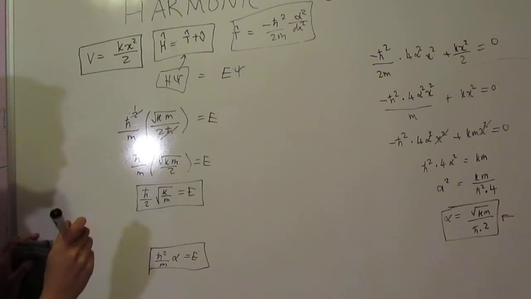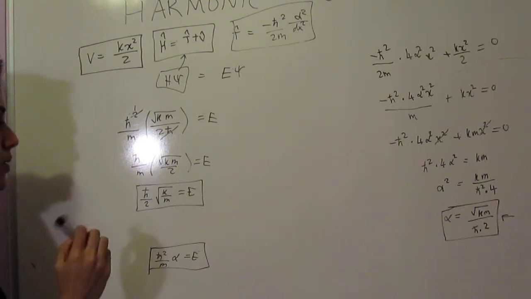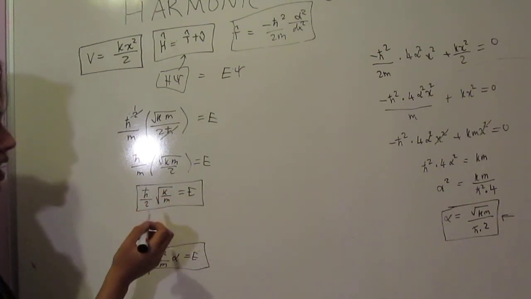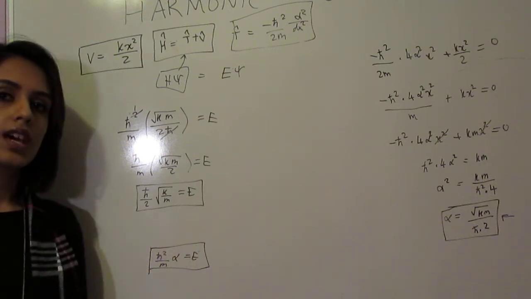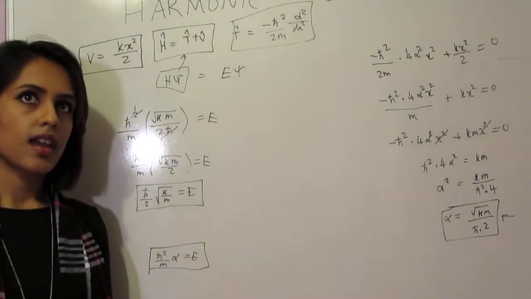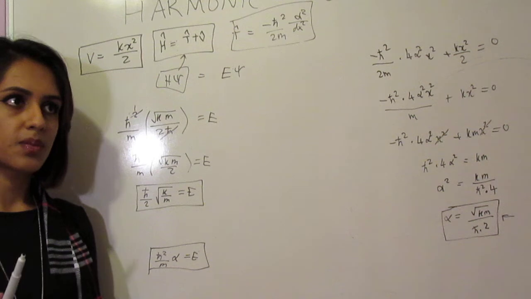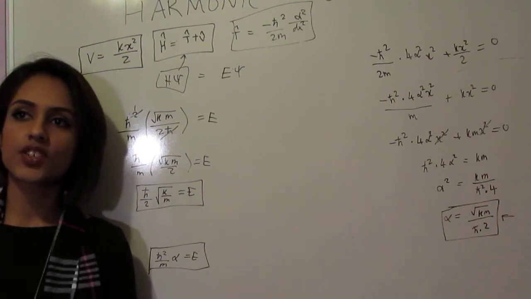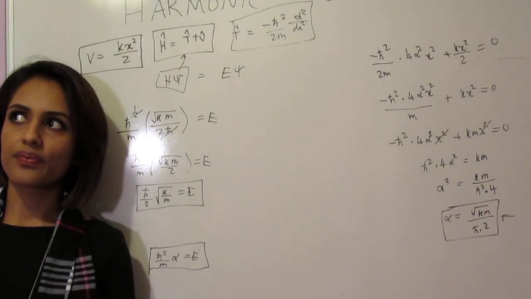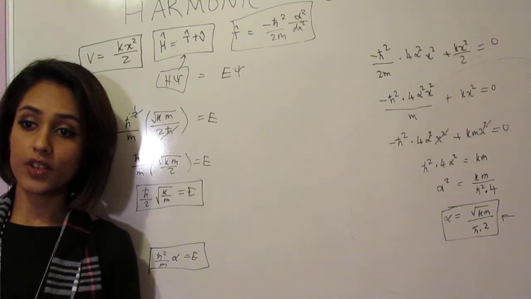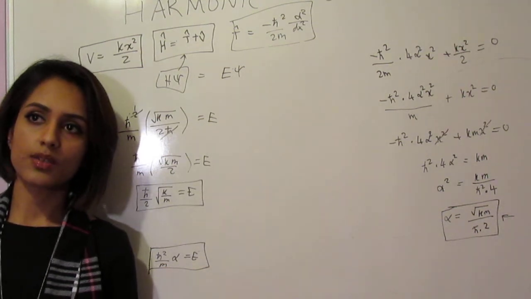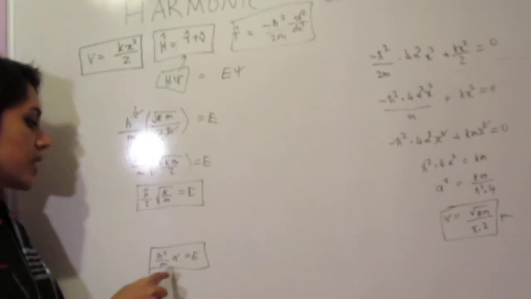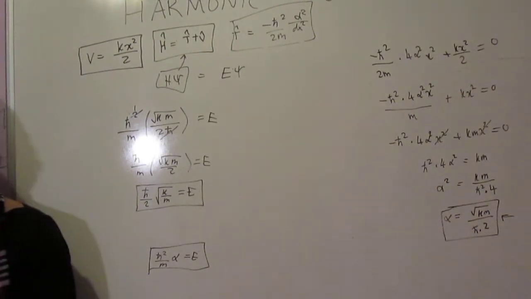And we know that it's a solution to the Schrodinger equation because a function times a wave function equals a constant times a wave function, which is shown here, and that's the solution.